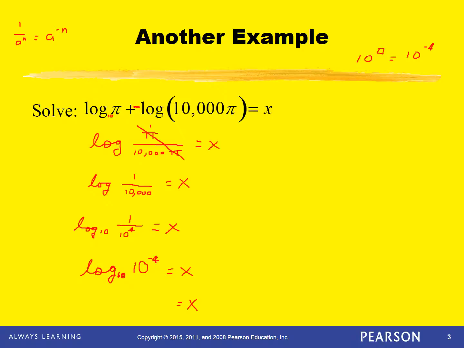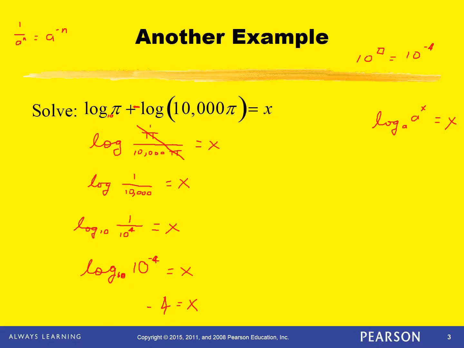X is going to be negative 4 here. Of course, that's the property that log base a of a to the x equals x, where here a is 10 and x is negative 4.